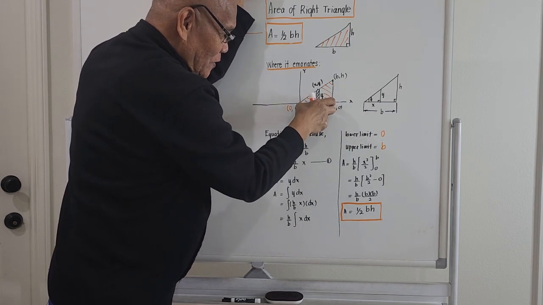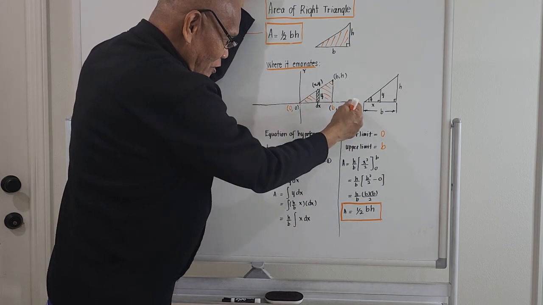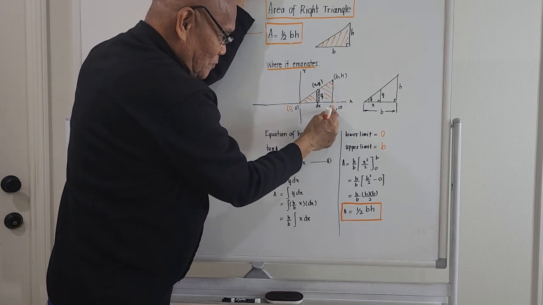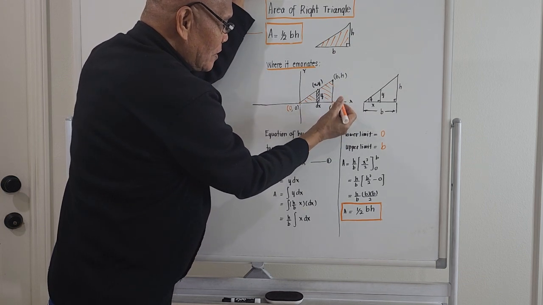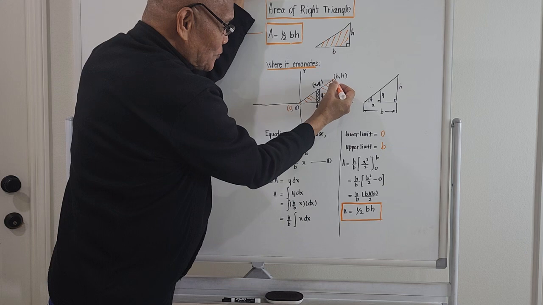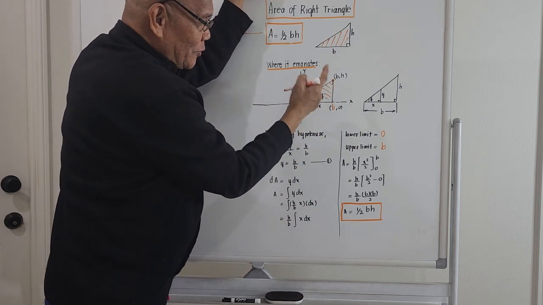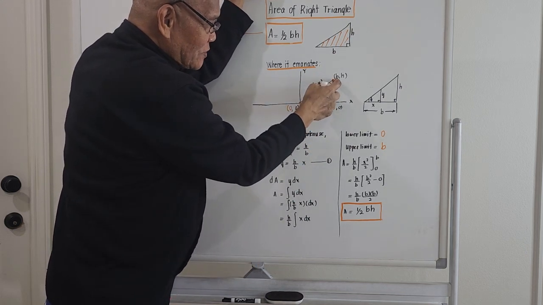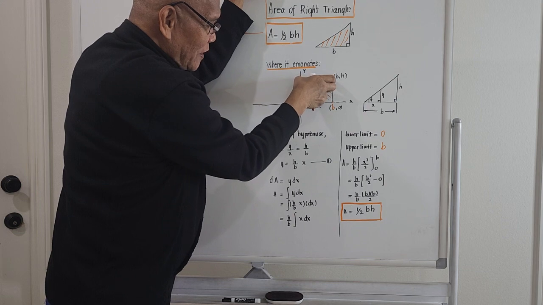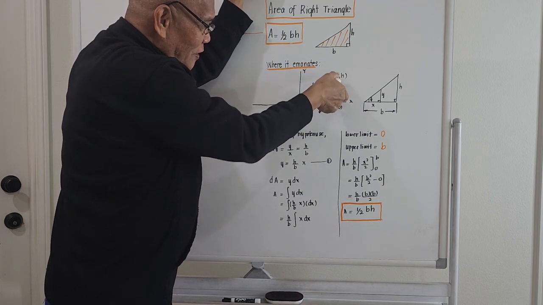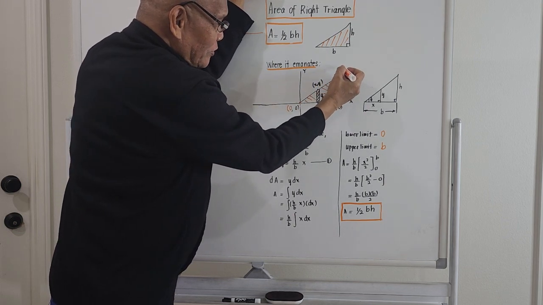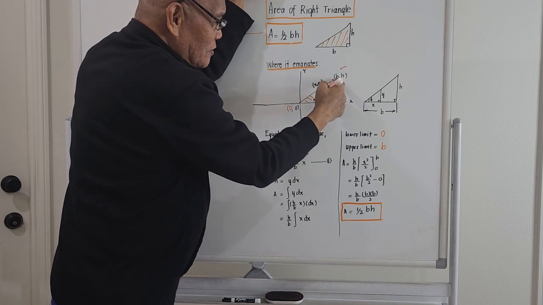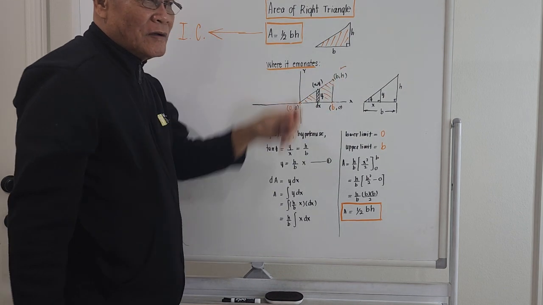For this point here, the coordinates are base and its height with respect to the x-axis, h. So the coordinates of this will be b and h.